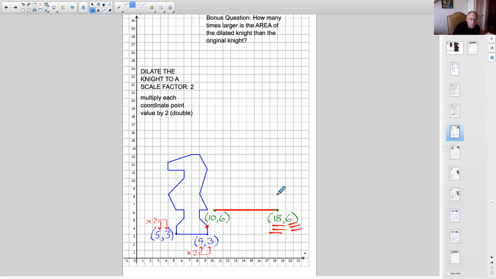So that brings me to point 18, 8. Everybody make a line to point 18, 8.